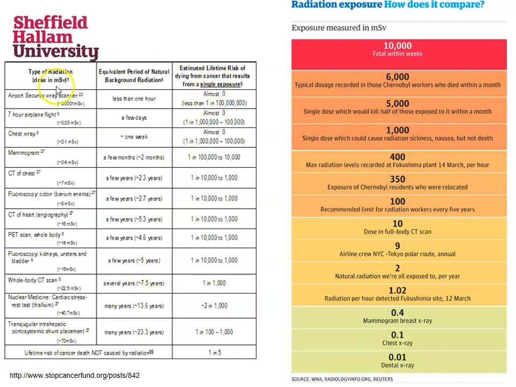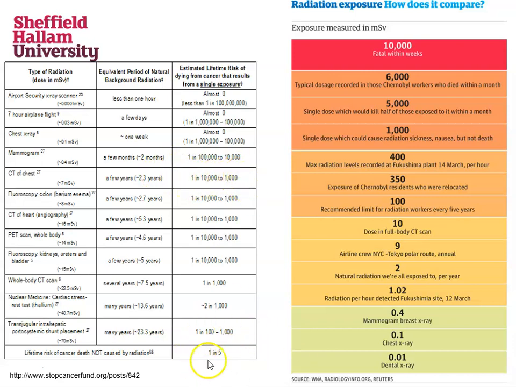And on this side it shows you the lifetime estimated risk of dying from cancer from a single exposure to all of these different medical treatments. So a CT scan of the chest is equivalent to a few years of natural background radiation, and the best estimate is that it increases your chance of cancer to about 1 in 10,000 to 1 in 1,000.